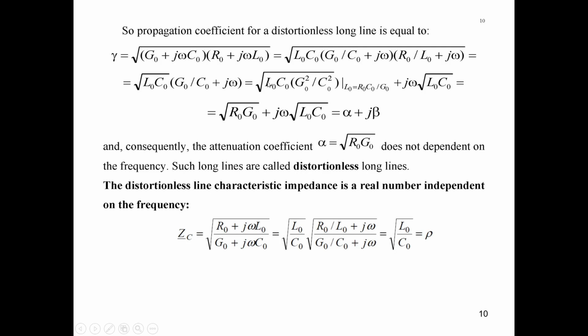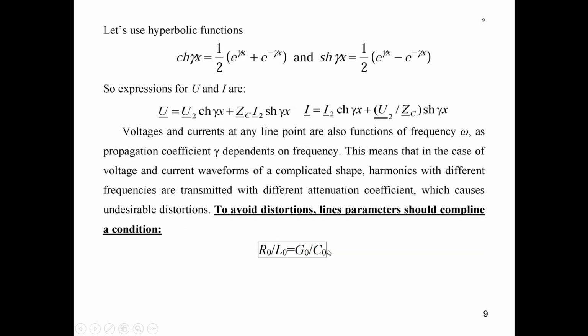And L0, if we use this condition, this expression may be rewritten in such a form. We will have L0 over C0, and we may substitute L0 as R0 over G0 multiplied by C0.